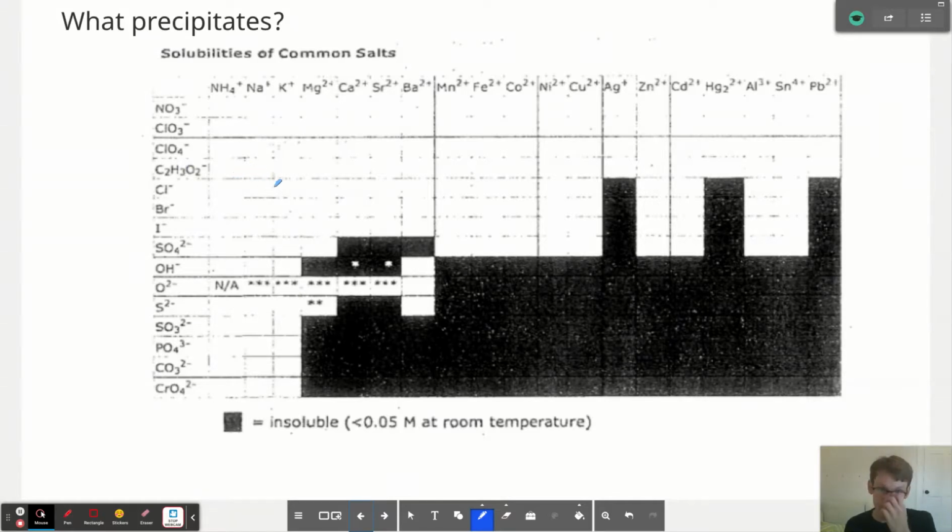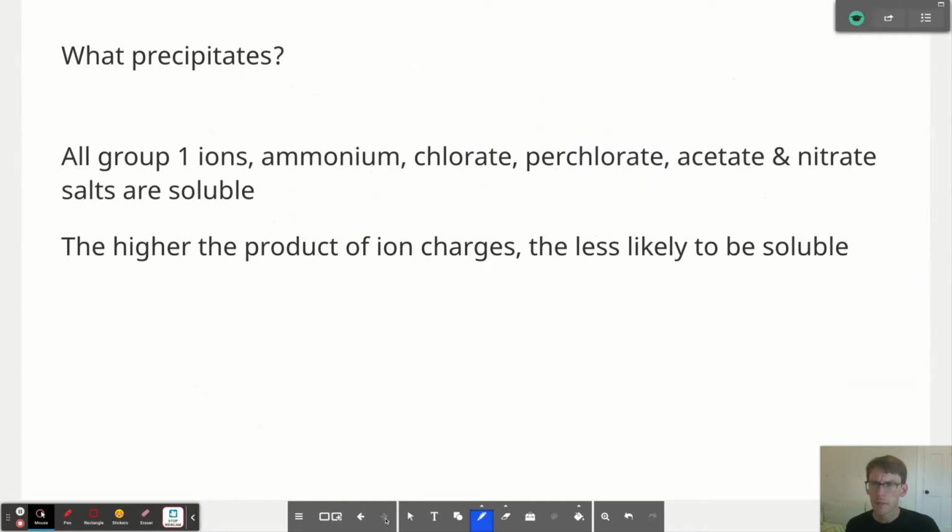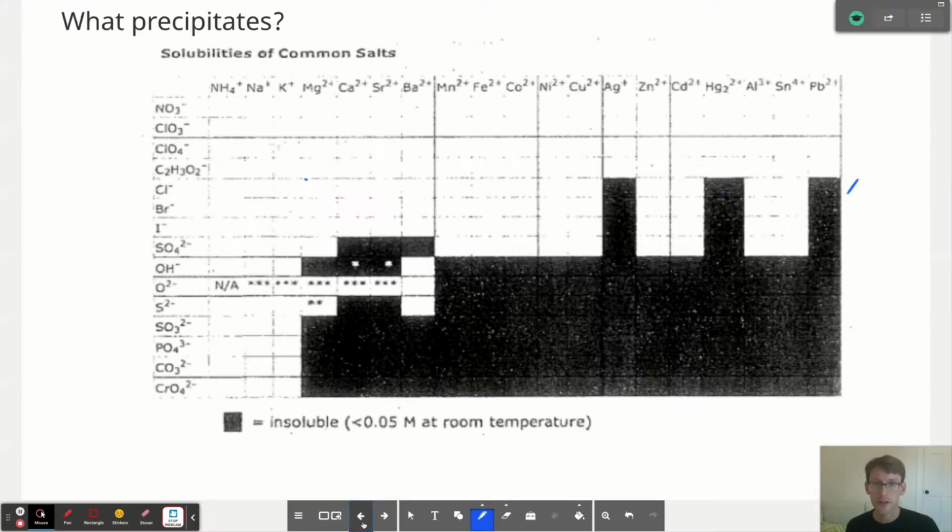Beyond that, it's a little iffy. Like chloride, most chlorides are soluble until, wait, silver and dimercury and lead(II). But I will say that the higher the product of the ion charges, the less likely something is to be soluble. For example, look at all these down here where they're insoluble.